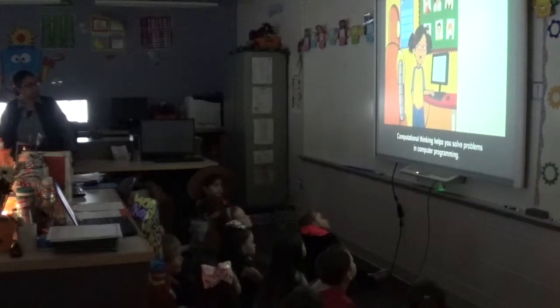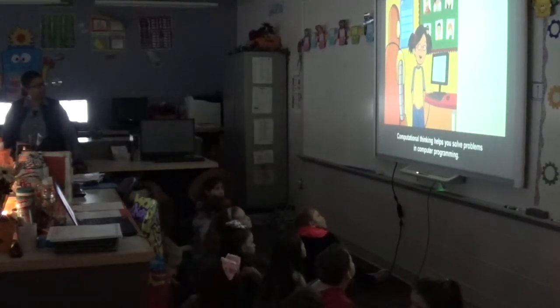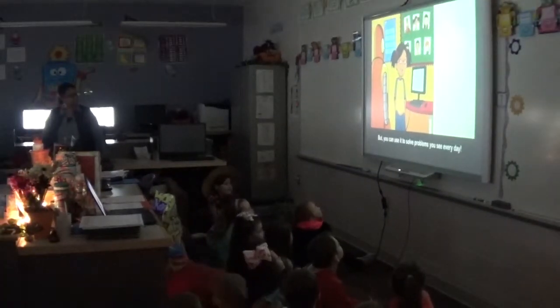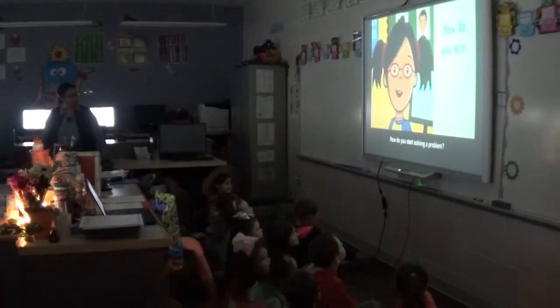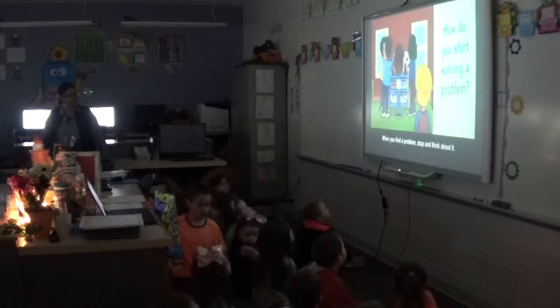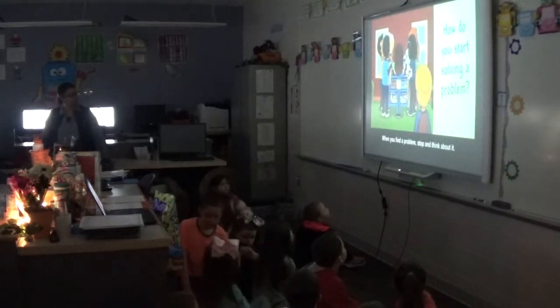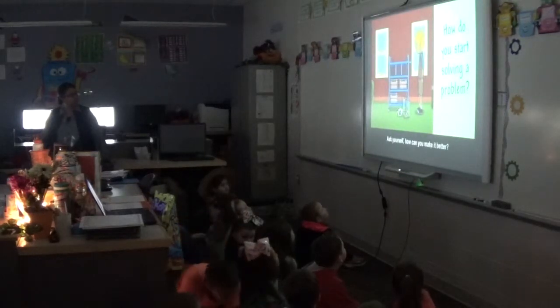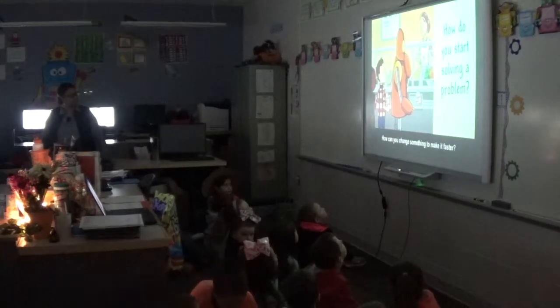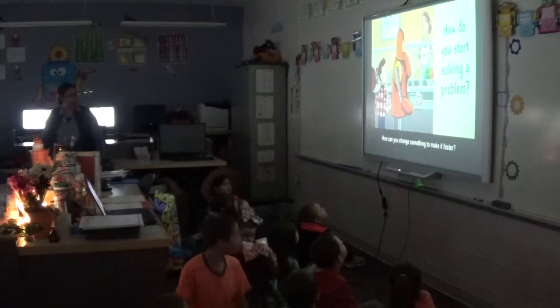Computational thinking helps you solve problems in computer programming, but you can use it to solve problems you see every day. How do you start solving a problem? When you find a problem, stop and think about it. Ask yourself, how can you make it better? How can you change something to make it faster?